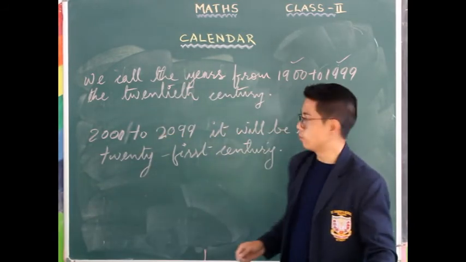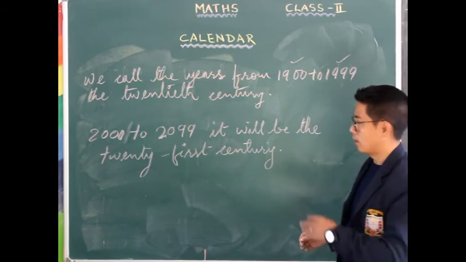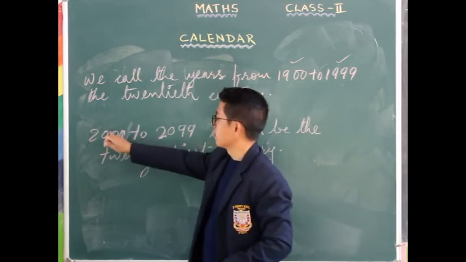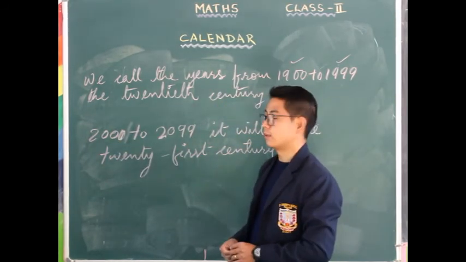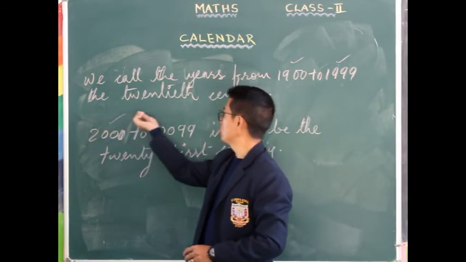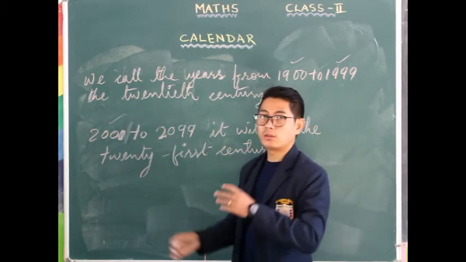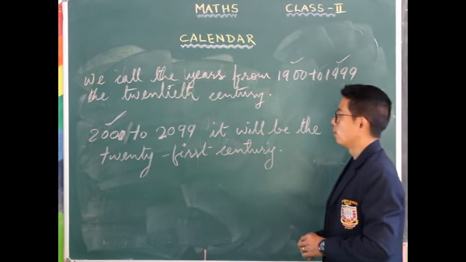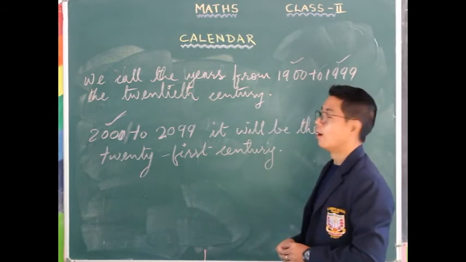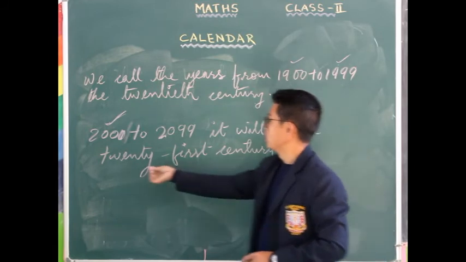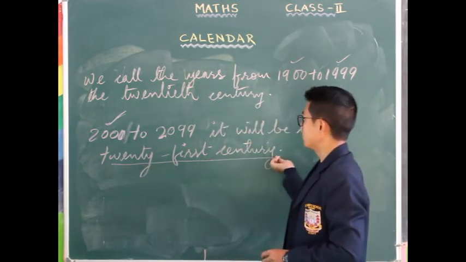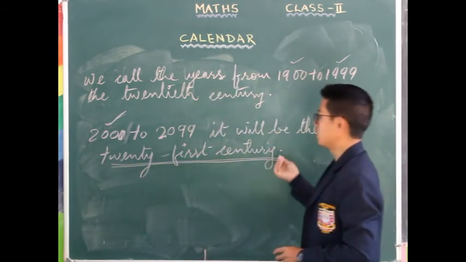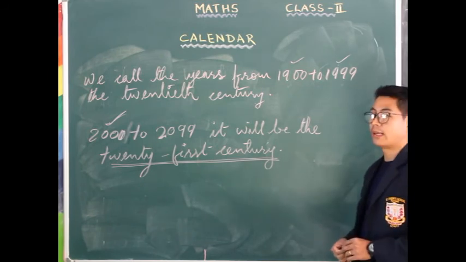Most of the children in our primary school have their date of birth from 2000 onwards, between 2000 and 2010. So those students are called 21st century children. You guys are in the 21st century.